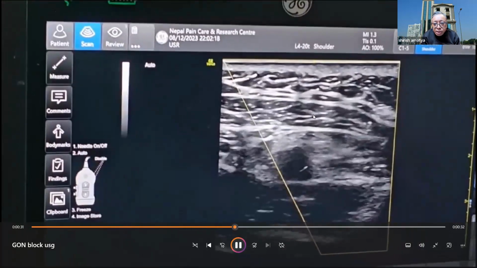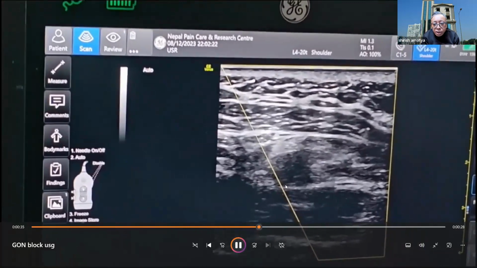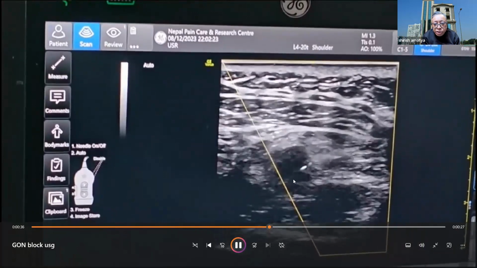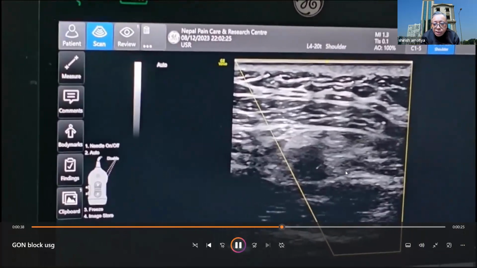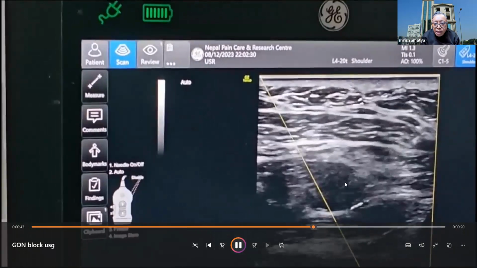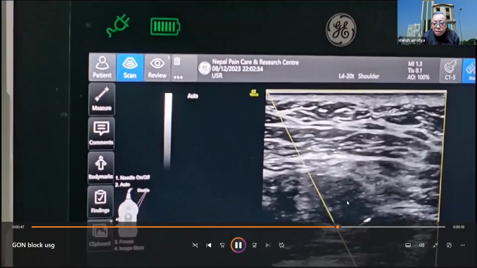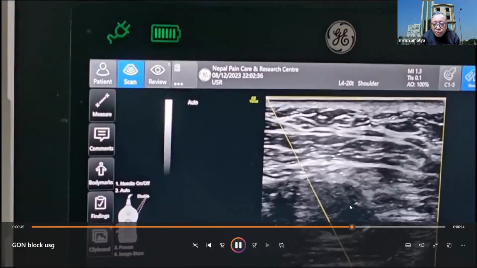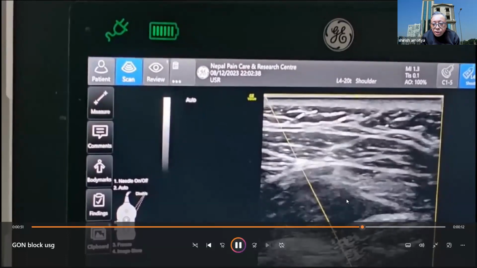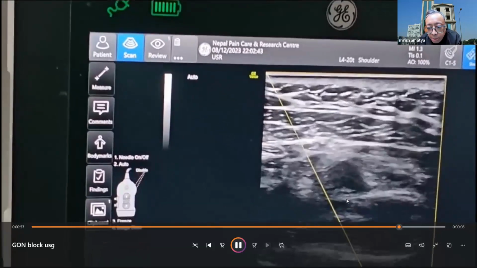This is the trapezius, this one is semispinalis, and this is inferior oblique. Here will be the location of the greater occipital nerve, and you can see the needle coming in along the long axis. Now I've deposited about 4 ml of drug near the greater occipital nerve, and this is the procedure. Basically, you have to search for a plane between the semispinalis capitis and the inferior oblique.